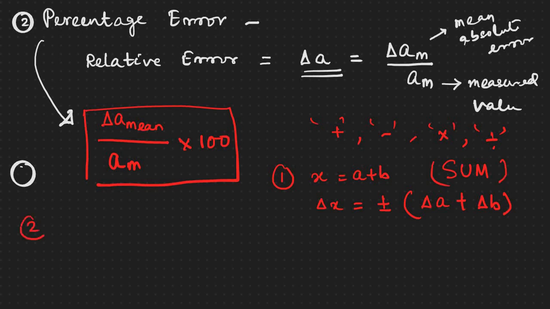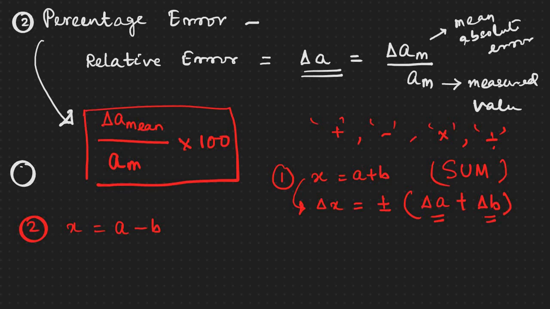What would be the formula for difference? How are we dealing with it? Difference will also be the same if x equals a minus b. So how do we need to write it? Let me show you: there is an error in del x, there will be an error del a due to a, there will be an error of del b due to b.